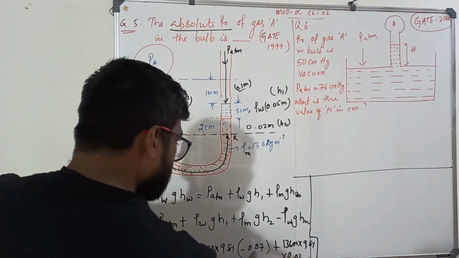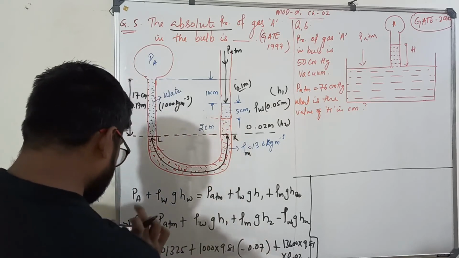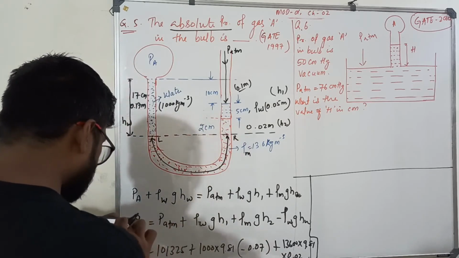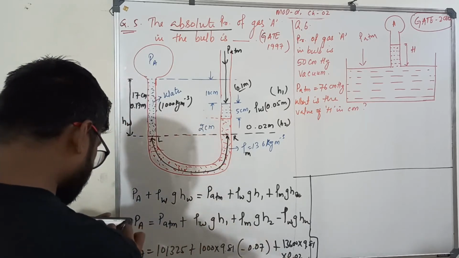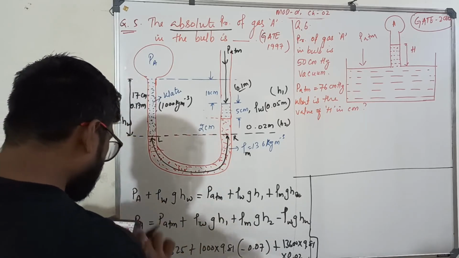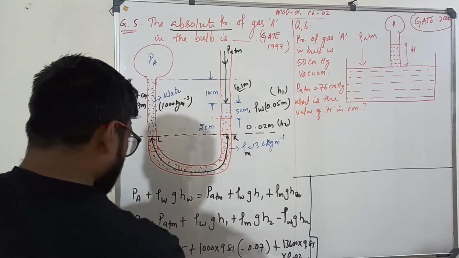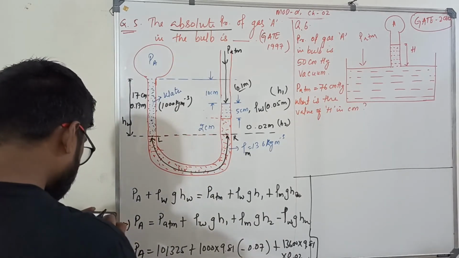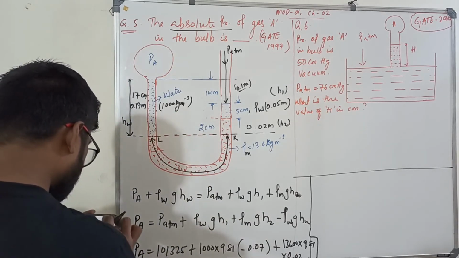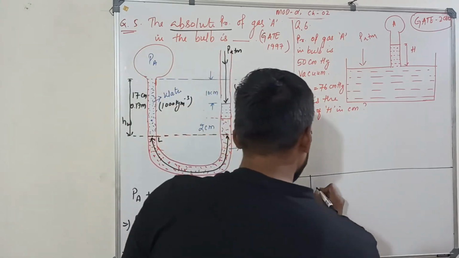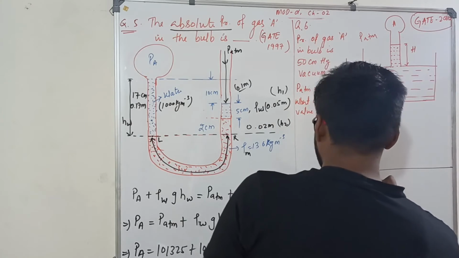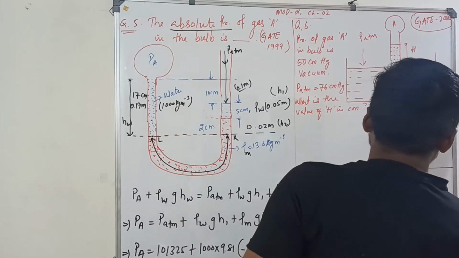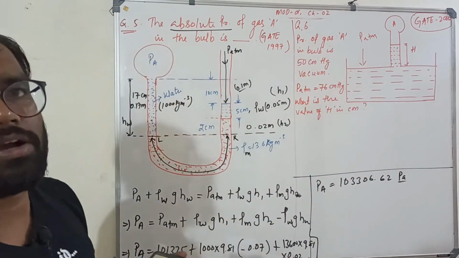This is what already minus, so I am taking minus this value 9810 multiply 0.07. So this plus this value plus 101,325. So how much I am getting is my P absolute: 103306.62 Pascal.